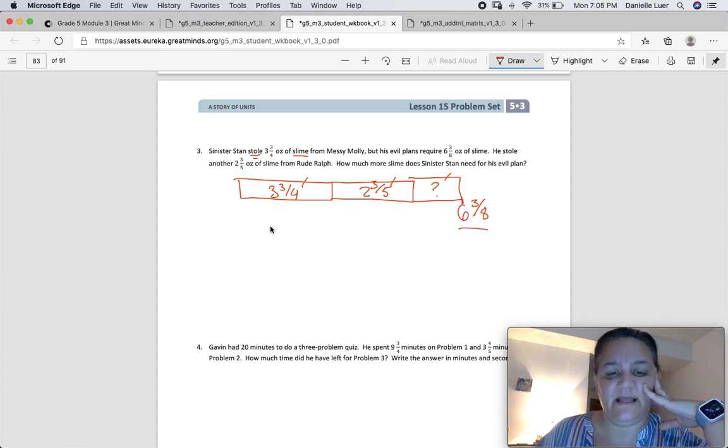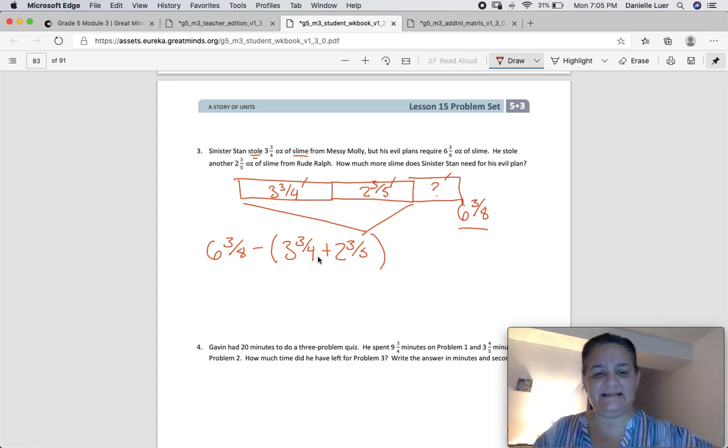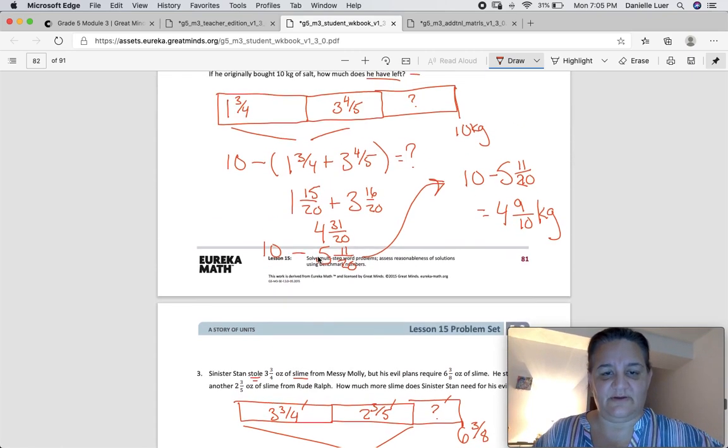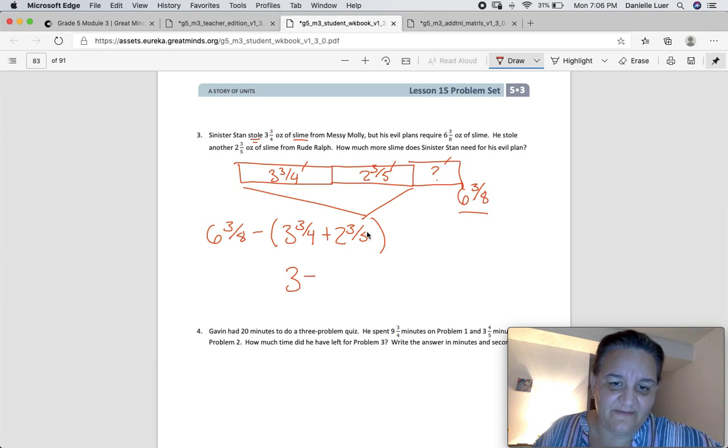Ooh. Okay, so first we're going to add that together, and then we're going to subtract it from here. So actually a lot of these problems are starting to look the same. Minus 3 3/4 plus 2 3/5. Okay, is it the same? Oh no, it just looked the same for a second. Okay, so inside the parentheses first, 3 and 4 and 5 are going to give us the common denominator, 20.